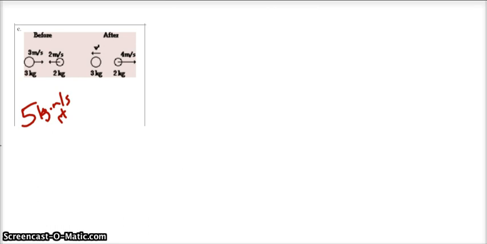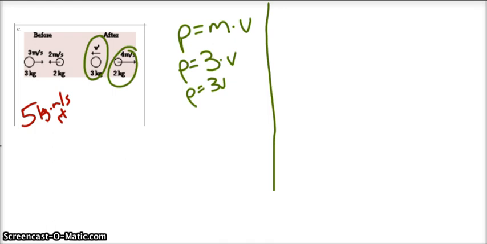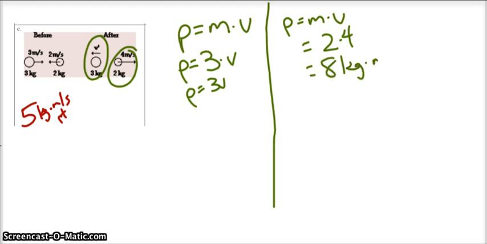Okay. Afterwards, momentum of this object, so that is going to be mass times velocity. That momentum is going to be 3 times v, so we're just going to remember that as 3v. For this one, this momentum is going to be 2 times 4, which is 8 kilograms times meters per second to the right.